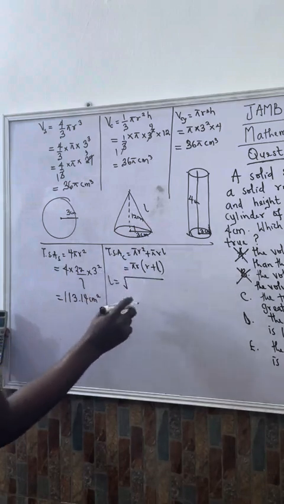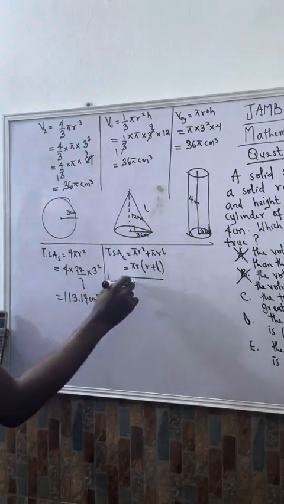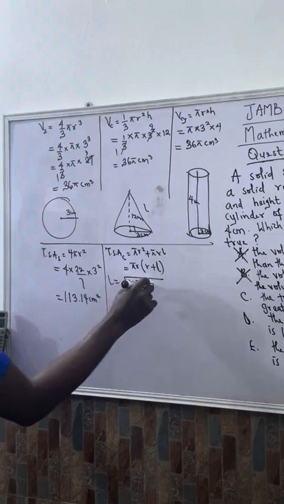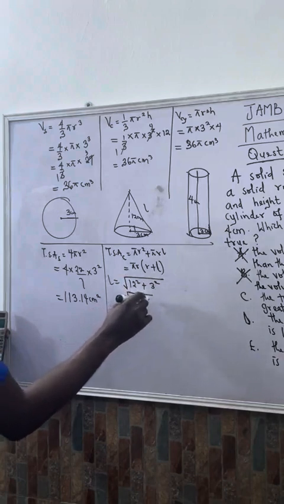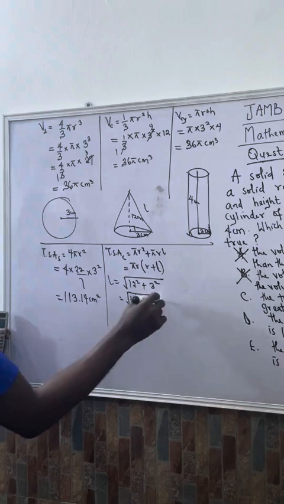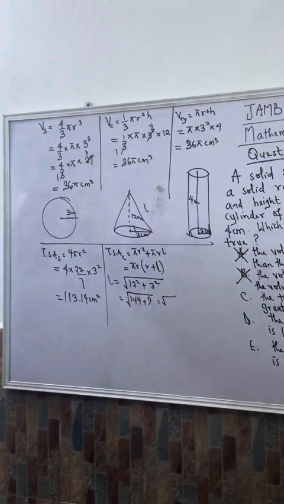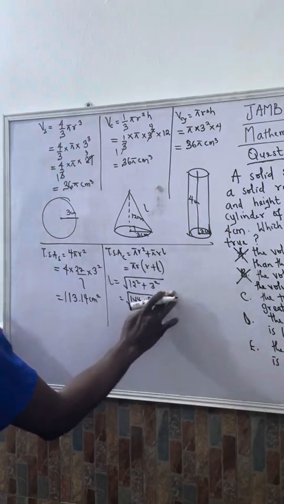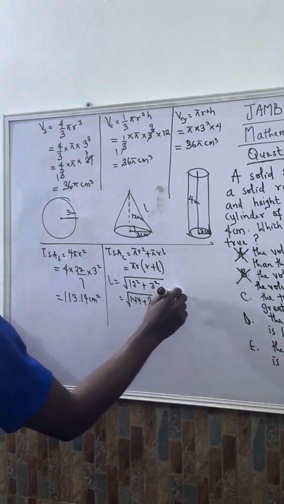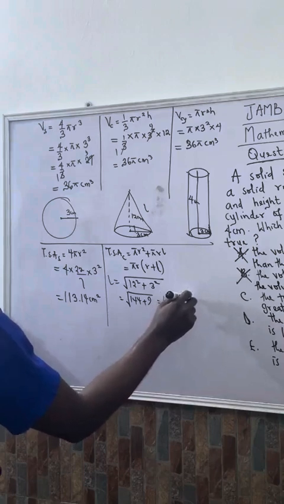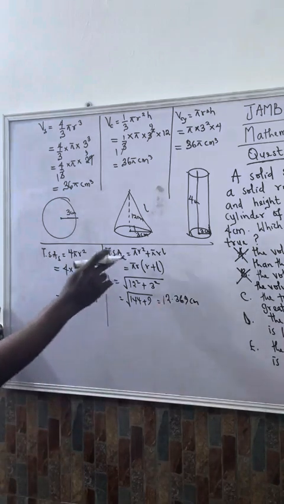L equals the square root of 12 squared plus 3 squared, which is the square root of 144 plus 9. That gives me 12.369 centimeter.